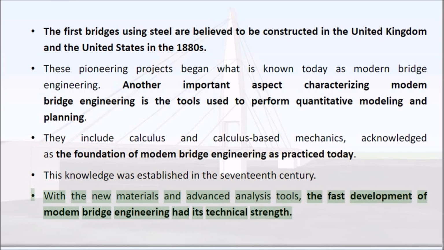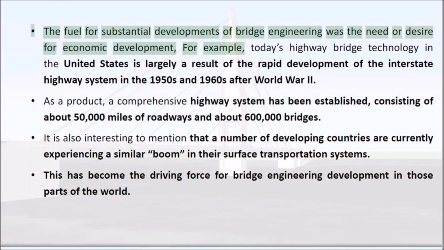With the new materials and advanced analysis tools, the fast development of modern bridge engineering had its technical strength. The fuel for substantial developments of bridge engineering was the need or desire for economic development.